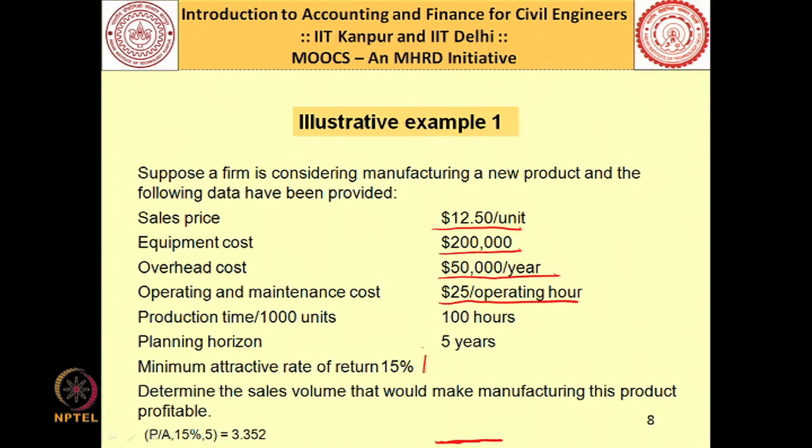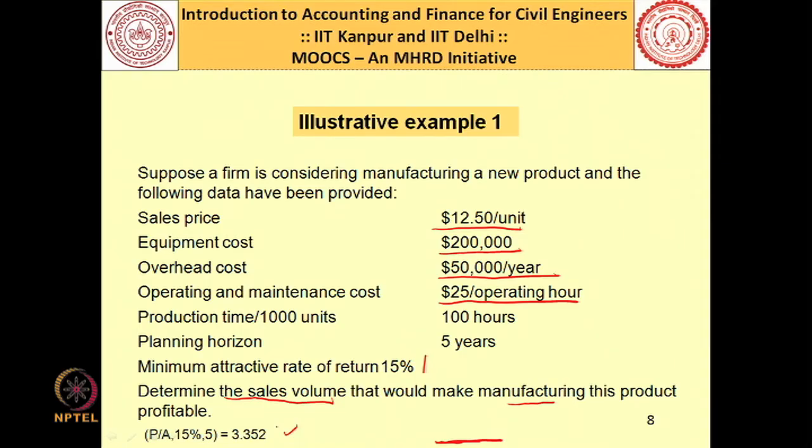The rate of return is 15%. We are supposed to determine the sales volume that would make manufacturing this product profitable. You are given this factor also: P given A at 15%, 5, is equal to 3.352.